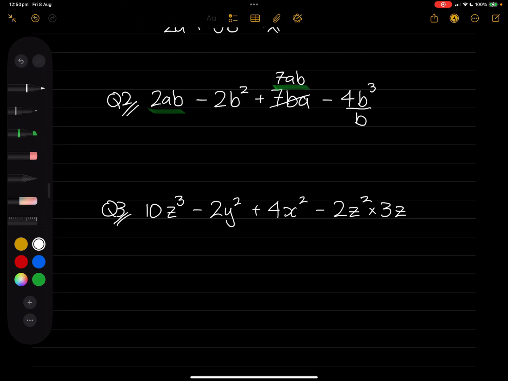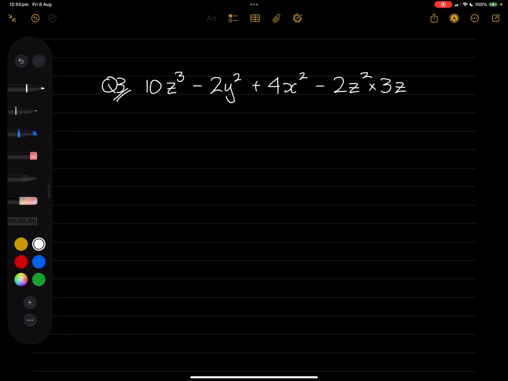We have a minus 2b squared, and then we have a minus 4b cubed on b. But we know b cubed on b cancels the b down the bottom, cancels one of these. So this is actually a b squared as well. So we have 2ab plus 7ab, that's 9ab. We have minus 2b squared minus 4b squared, that's minus 6b squared. And this is the solution to question 2.